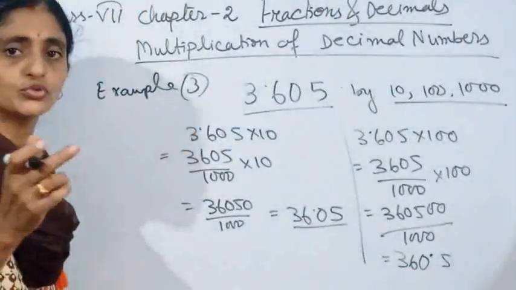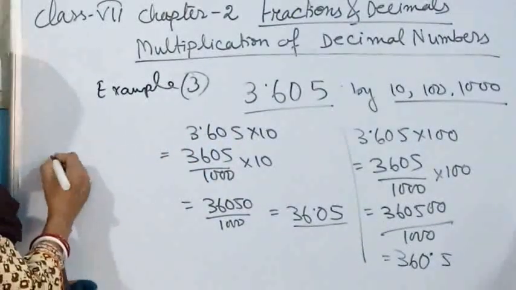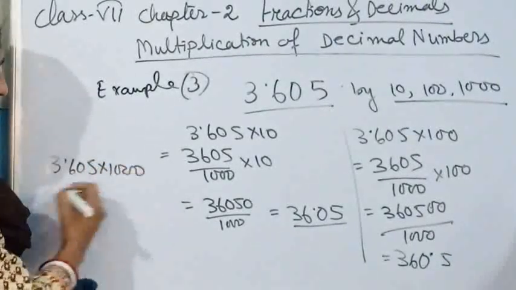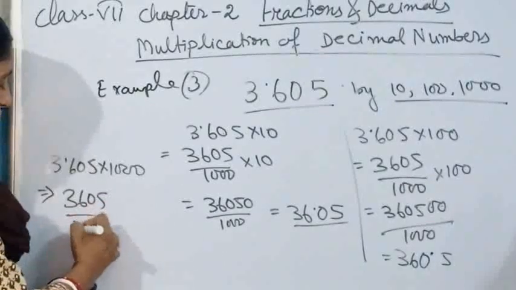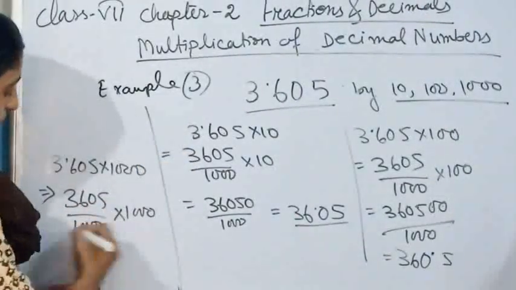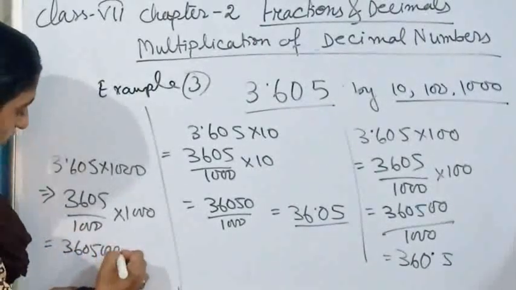Okay. Now what will happen in the third case? Let's see when I am going to multiply this one by 1000. Here it is 3.605. I am going to multiply this one by 1000. So what will happen? Again I will change this one to the common fraction, and I am multiplying this one by 1000. So what I am getting? 3605 into 1000 over 1000.